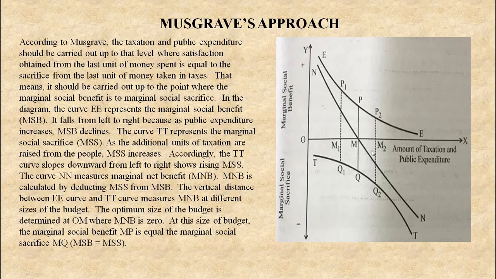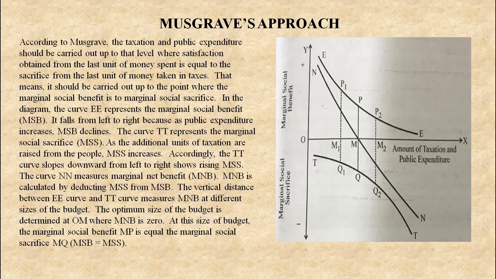At this point, the MNB curve NN cuts the x-axis. At a point to the left of M, say M1, MSB will be greater than MSS and MNB will be positive. It is beneficial to increase the size of the budget as long as MNB is positive.